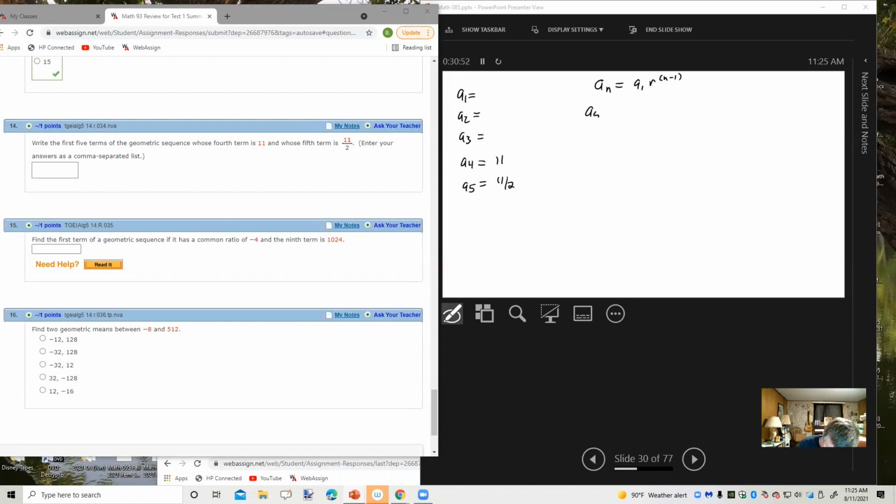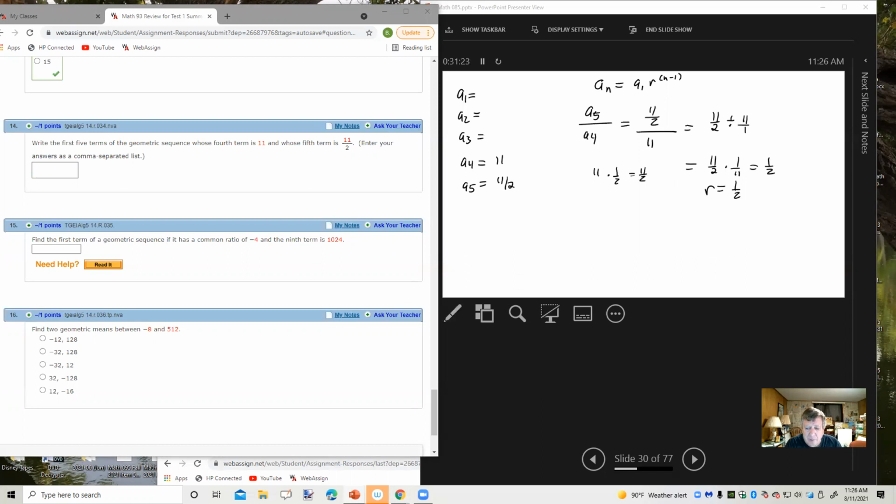So let's take a sub 5 divided by a sub 4, which would be 11 halves divided by 11, which is 11 halves times 1 over 11, which is 1/2. So the common ratio is 1/2. Just to check it, if I take a sub 4, 11 times 1/2, I get a sub 5, right?